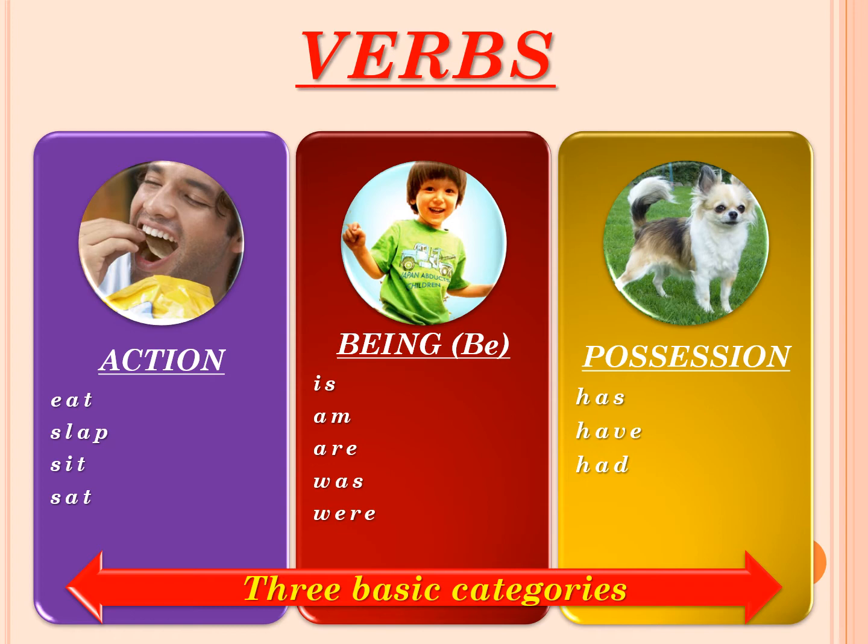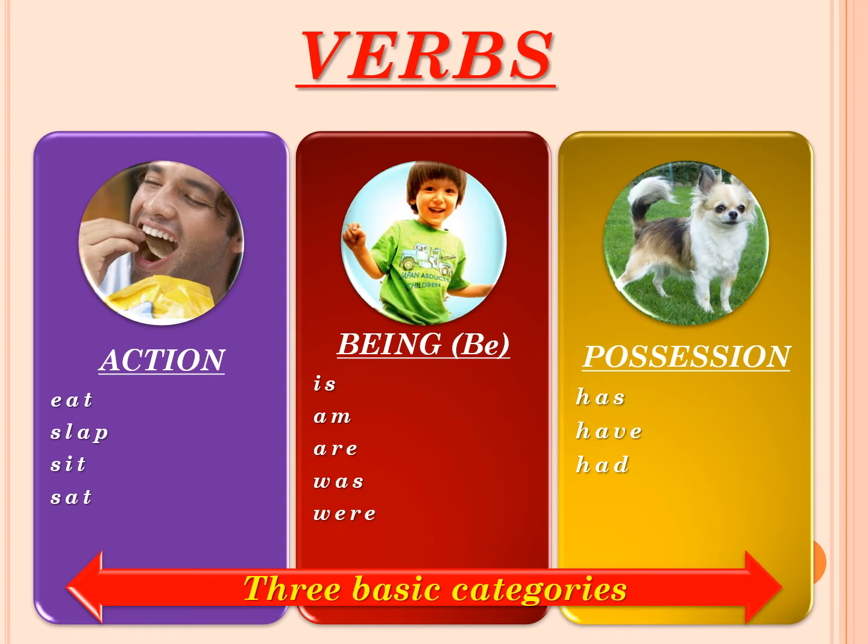So any action being done in the sentence is a verb. For example, eat, slap, sit, sat, go, come. All these are actions and they are verbs. So verbs are used to show action. Moving on to the next one, being.